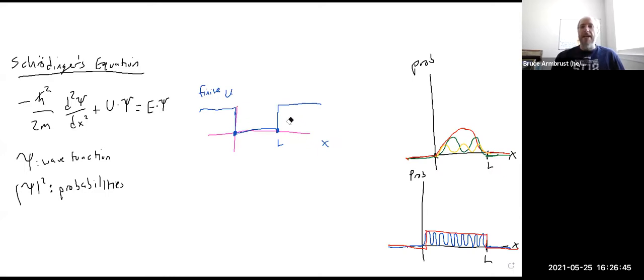Let's just attach some numbers on it. Let's say U was 100 joules. It's possible that we get enough energy that we can overcome that 100 joules of potential energy and be gone.